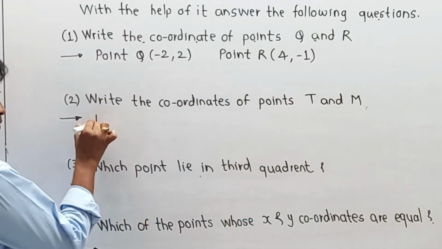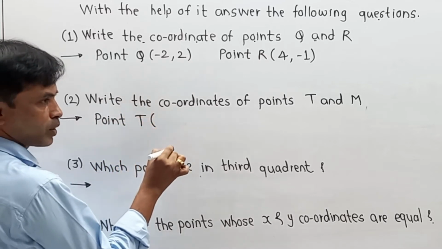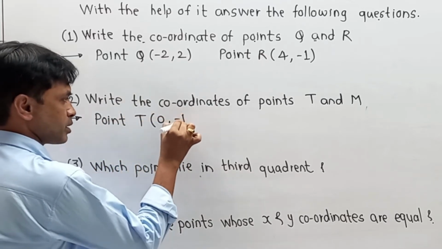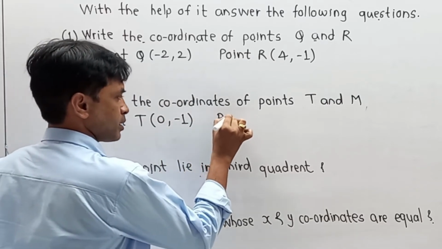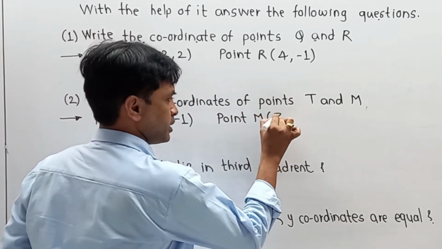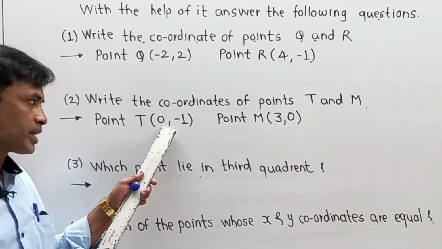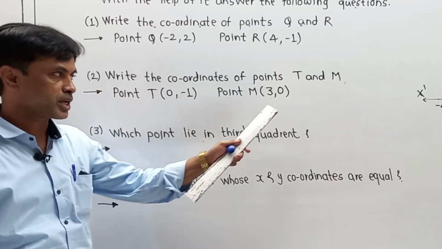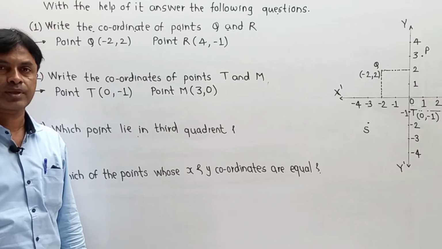So point T having a coordinate 0, minus 1 and point M having a coordinate 3, 0. And remember here, as the value of x is 0, it is on the y-axis, and vice versa: the value of y coordinate is 0, means it is on the x-axis.